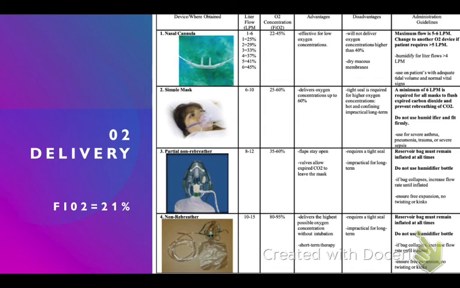So our FiO2 is 21% on room air. So you and I are breathing 21% FiO2, fraction of inspired oxygen. So then you can add a couple of percent, 2-3%, depending on what book you're reading, as you raise your liters of oxygen.